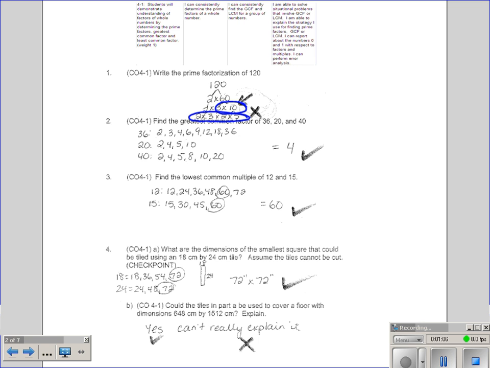Then they've done the greatest common factor right here, they've done the lowest common multiple, so they are now at a level 3. If you look at question number 4, they were able to interpret and determine that they had to find the lowest common multiple. They also stated the dimensions, which was part of the question.